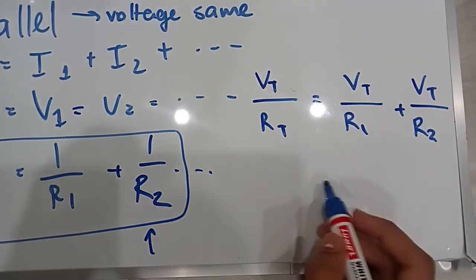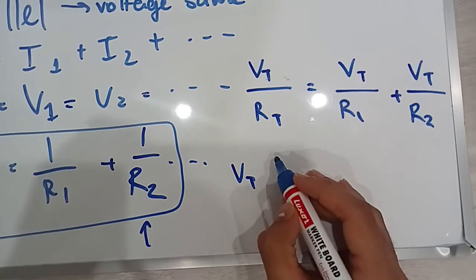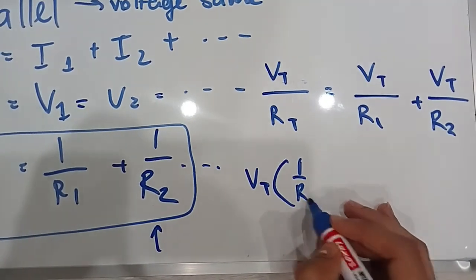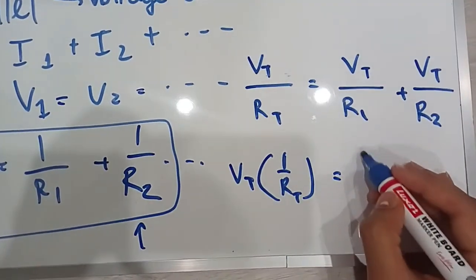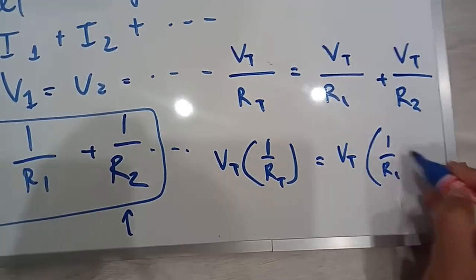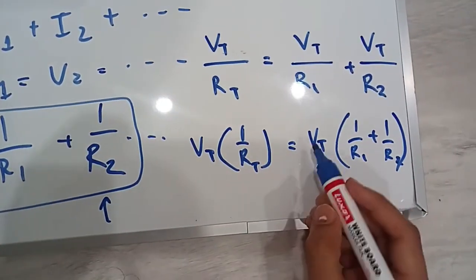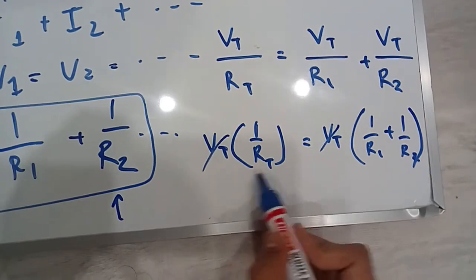Now, I can factorize the voltage total out: voltage total times 1 over resistance total equals voltage total times 1 over resistor 1 plus 1 over resistor 2. Now we divide both sides by voltage total, and this is how we get the proof.